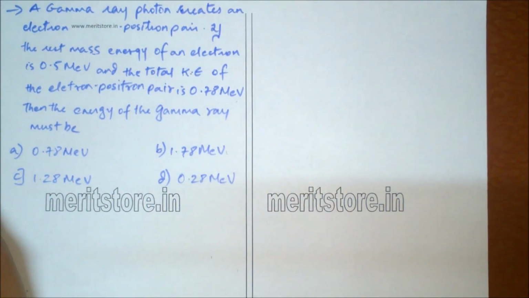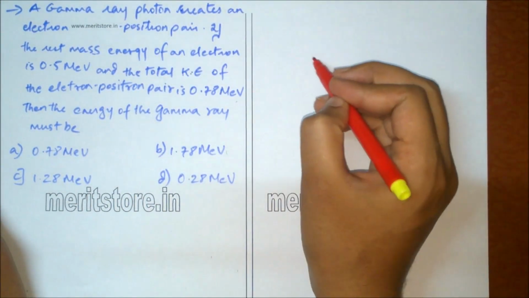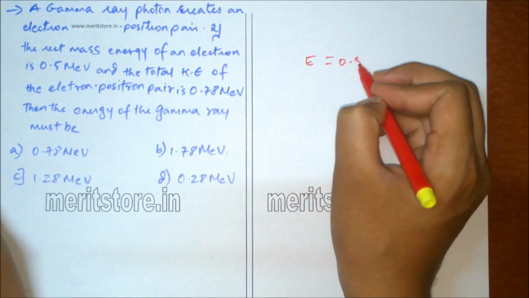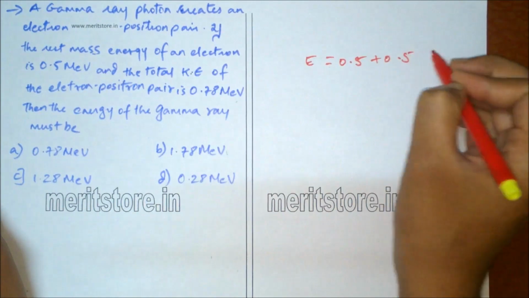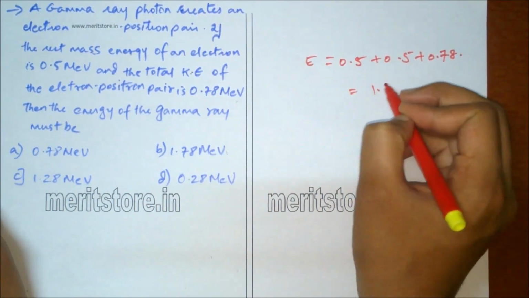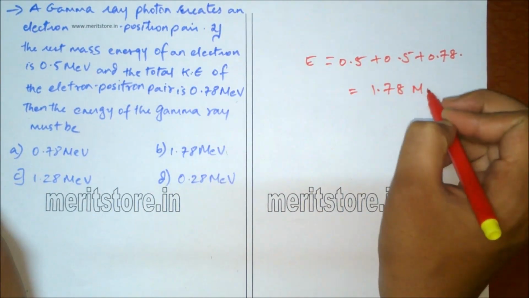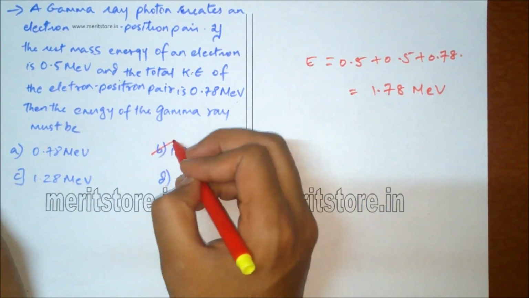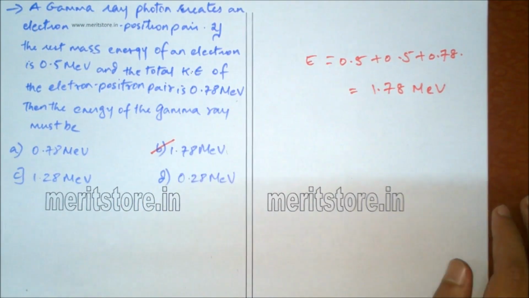So energy of gamma ray photon is sum of all the energy given, 0.5 plus 0.5 plus 0.78, which is equal to 1.78 mega electron volt. This is energy of gamma photon. Option B is the correct answer.